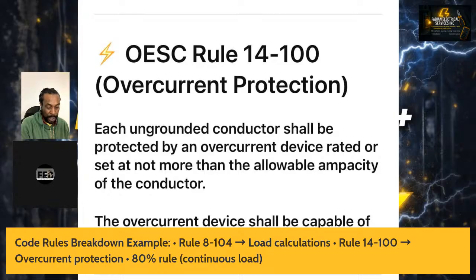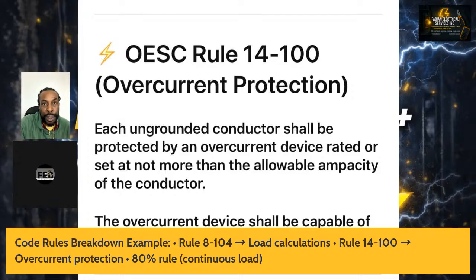Okay, so each ungrounded conductor shall be protected by an overcurrent device rated or set at not more than the allowable ampacity of the conductor.